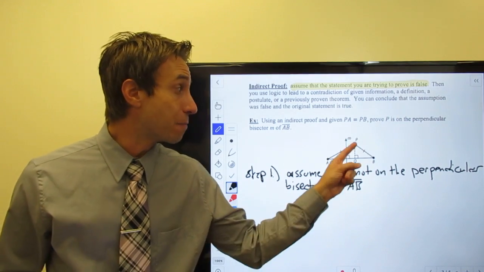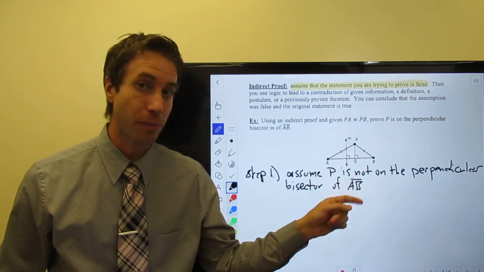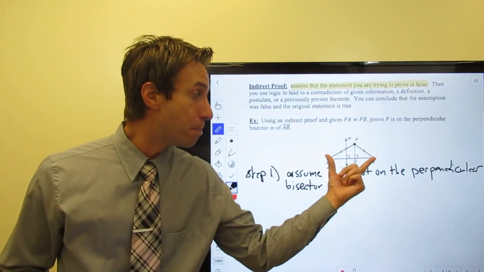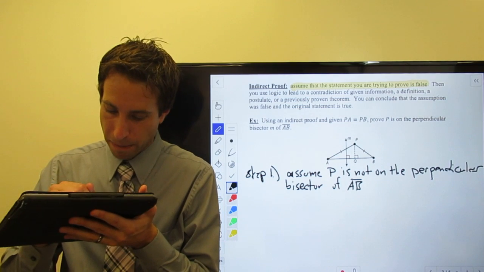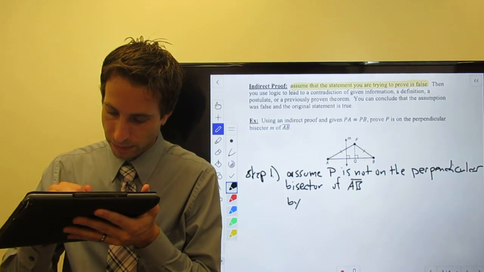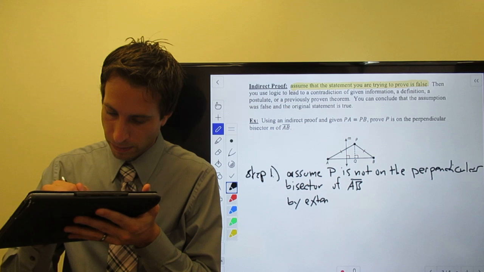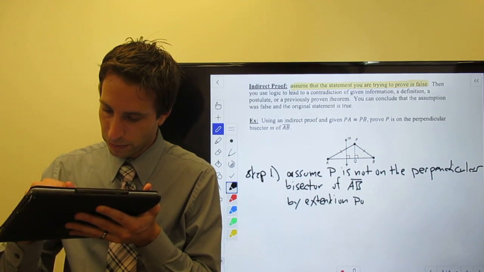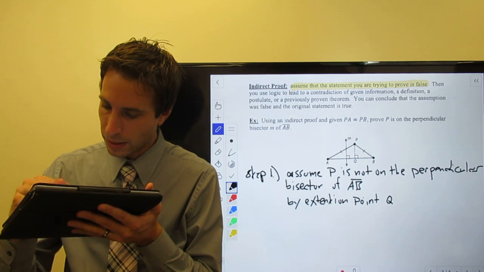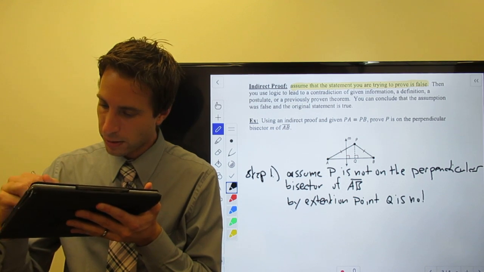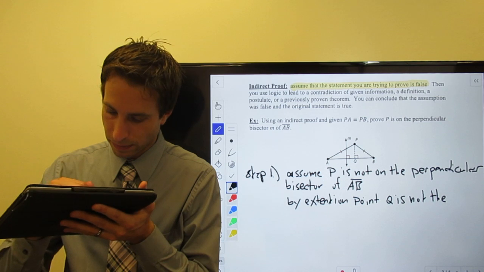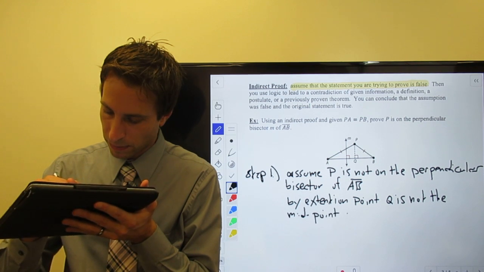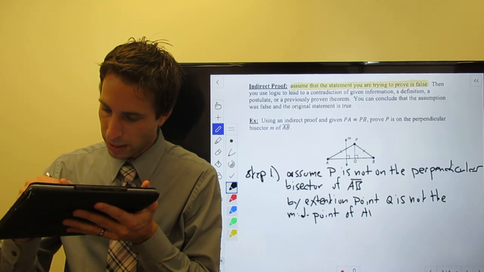Therefore, if P is not the perpendicular bisector, then that means that Q is not the midpoint of AB. By extension, point Q is not the midpoint of AB.